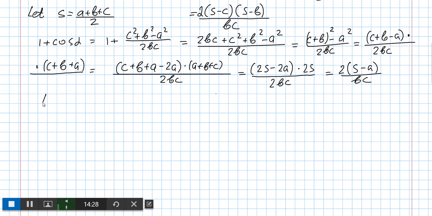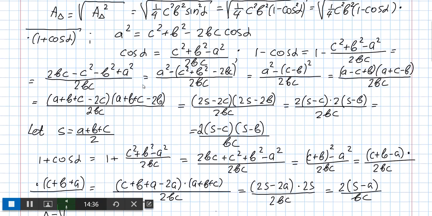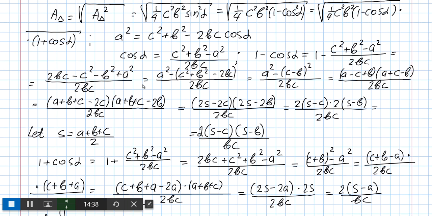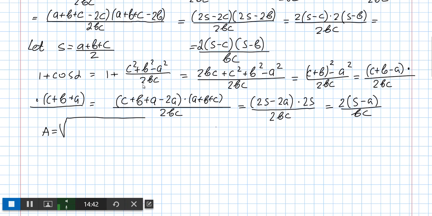Now what I have, what was my area equal? Square root, let's see what we had before. We had 1/4 c square b square times (1 minus cosine alpha) times (1 plus cosine alpha), right?